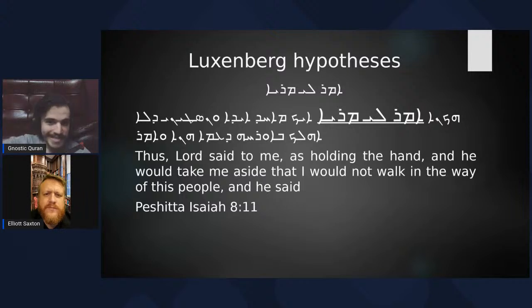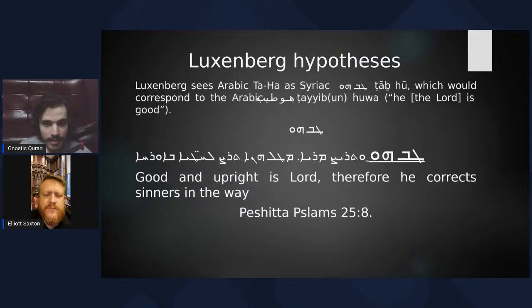Thus the Lord said to me or spoke to me, and this phrase is used, Marli Maria. Secondly, he says that, for example, Arabic Taha comes from the Syriac Tabhu, which corresponds to the Arabic Tayyibun Huwa, the Lord is good. And you can also find it in the Peshitta version of the Psalms, the Syriac version of Old Testament literature.